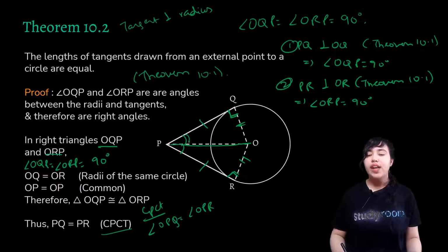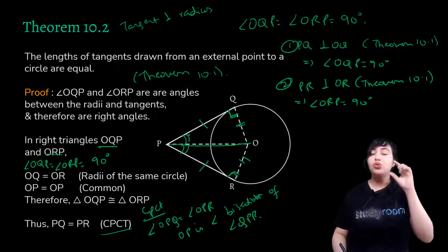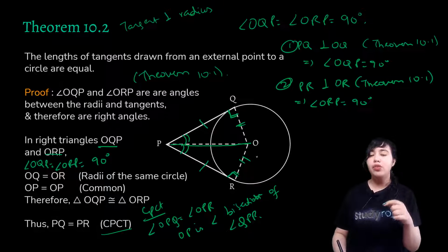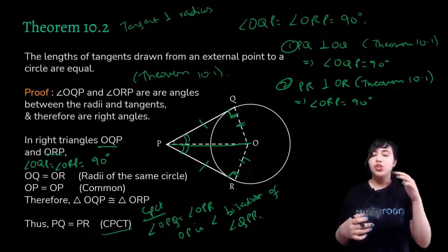So if these two angles are equal, it means that OP, this line over here, is actually the angle bisector of angle QPR. So if you look at this full angle QPR, it is basically getting divided into two equal angles, namely OPQ and OPR. So in other words, you can say OP is an angular bisector of angle QPR.